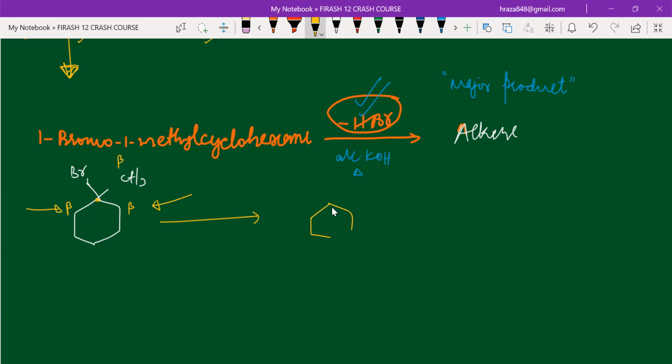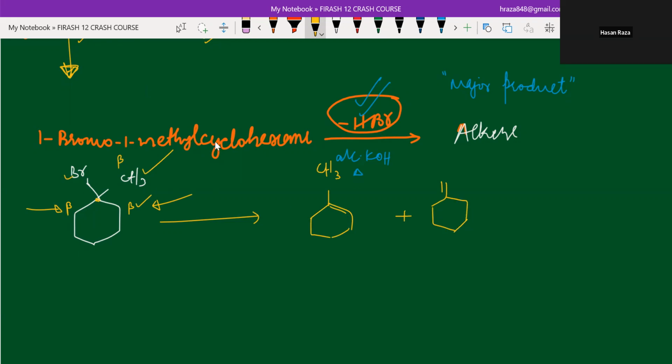If you remove hydrogen from here and bromine from here, you will get this product. And if you remove beta hydrogen from here and bromine from here, you will get this product. Can you tell me which one is more stable? Which one is more stable?